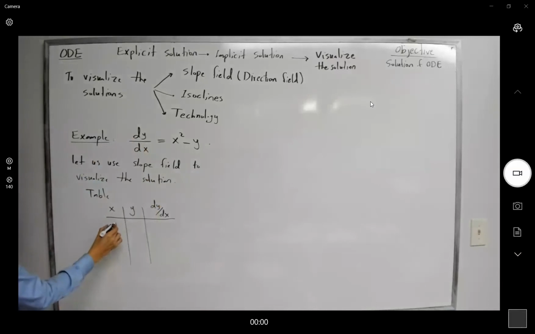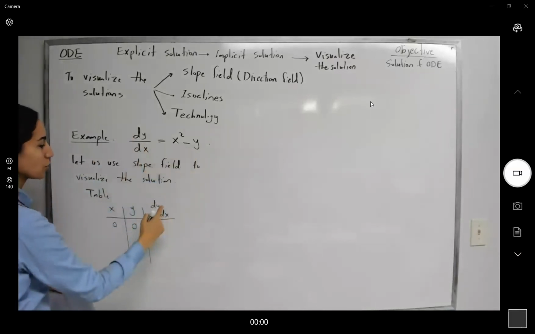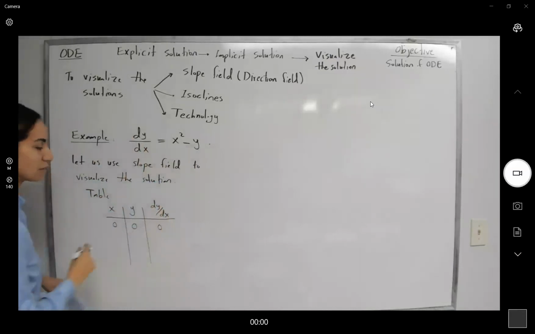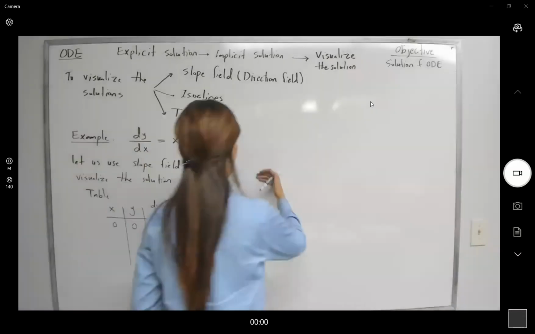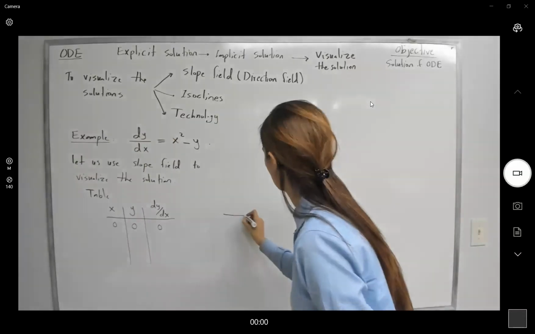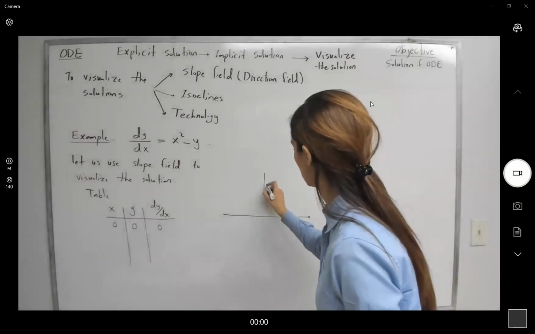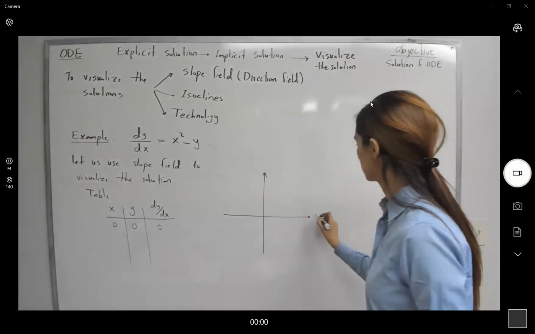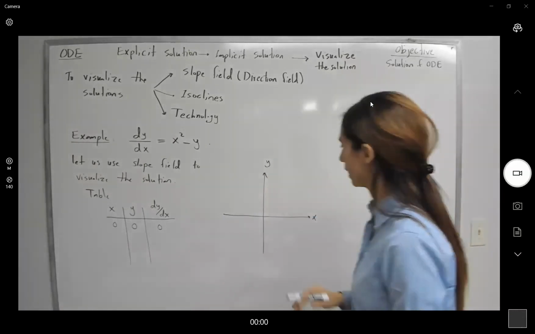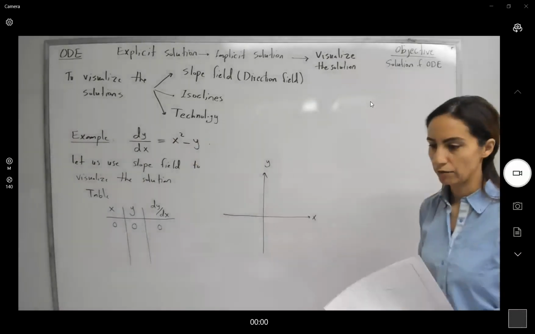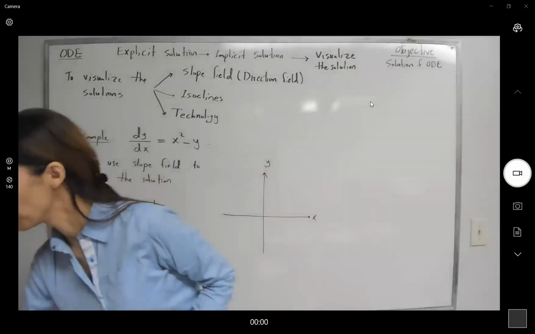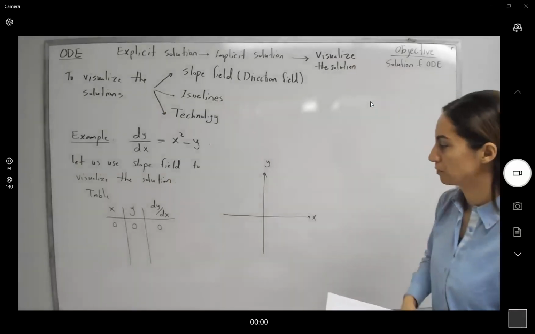If x is equal to 0, y equal to 0, you get 0 minus 0. So the rate of change is 0. It means that you have a flat line. At the origin, 0 and 0, we have a very small arrow, which is horizontal.